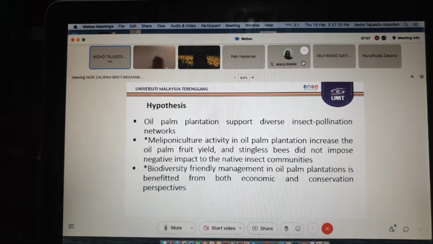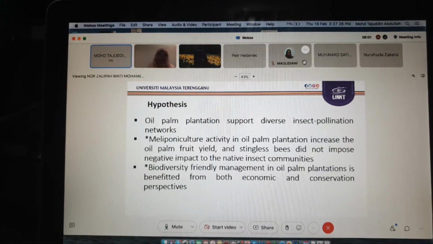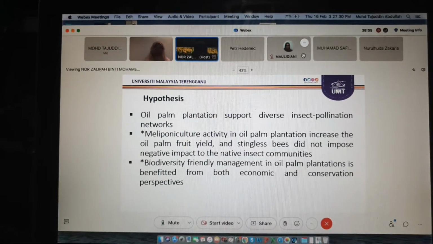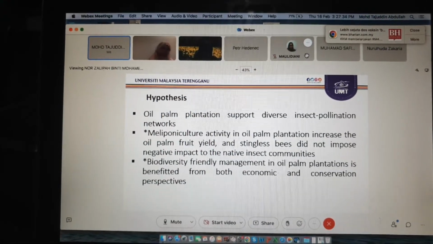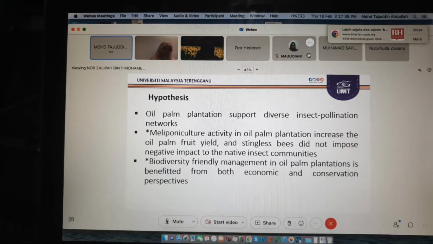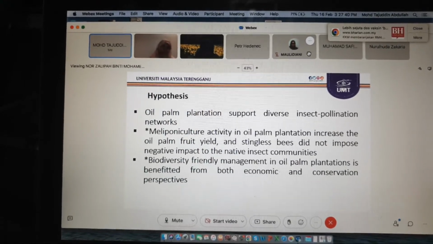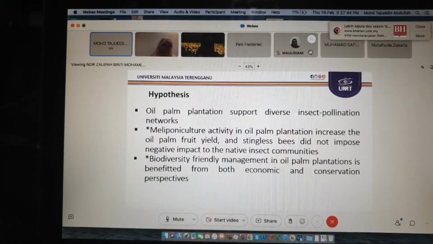You can note that it generates impact from both economic and conservation perspectives, with additional income for the B40. You need to mention B40, such as estate workers, or if the area has Orang Asli, then you have to mention that. Then it will show how much it will increase.